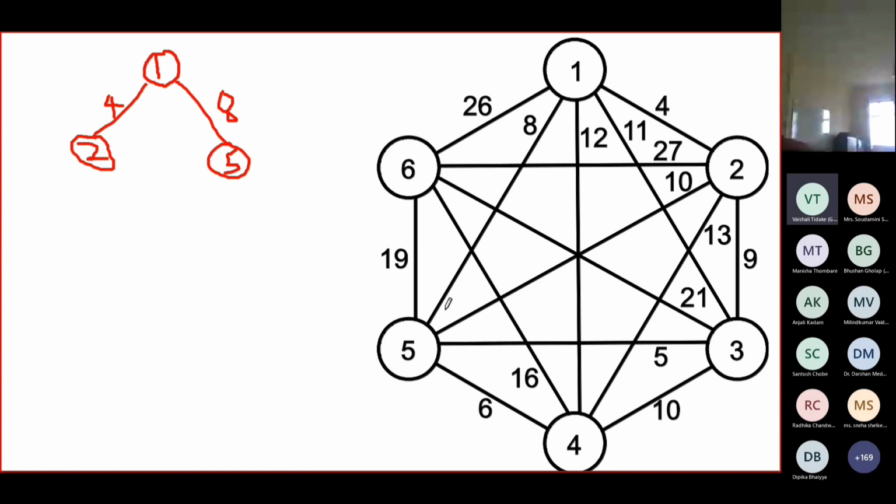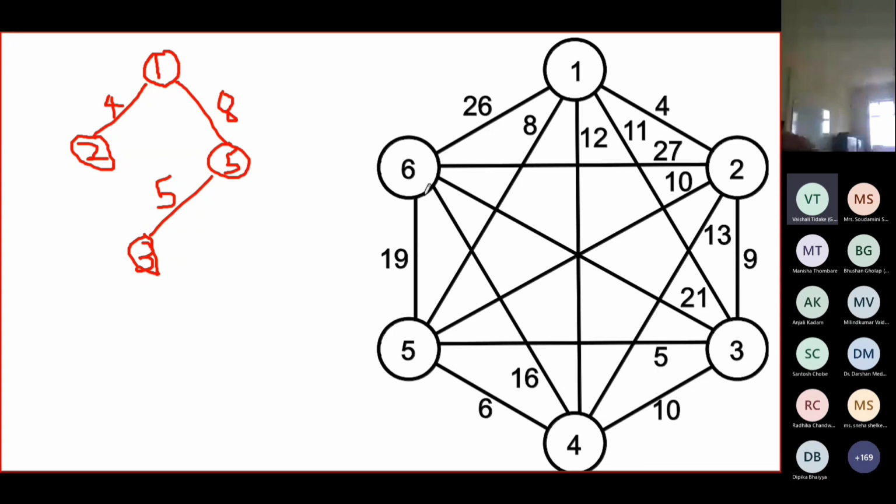See all the unvisited vertices connected to 1, 2 and 5. Then you can see here this node 3, which is connected to 5, having minimum cost 5. So I will add node 3 with the cost 5. Then 1, 2, 5 and 3 are the visited vertices, only unvisited are 4 and 6.